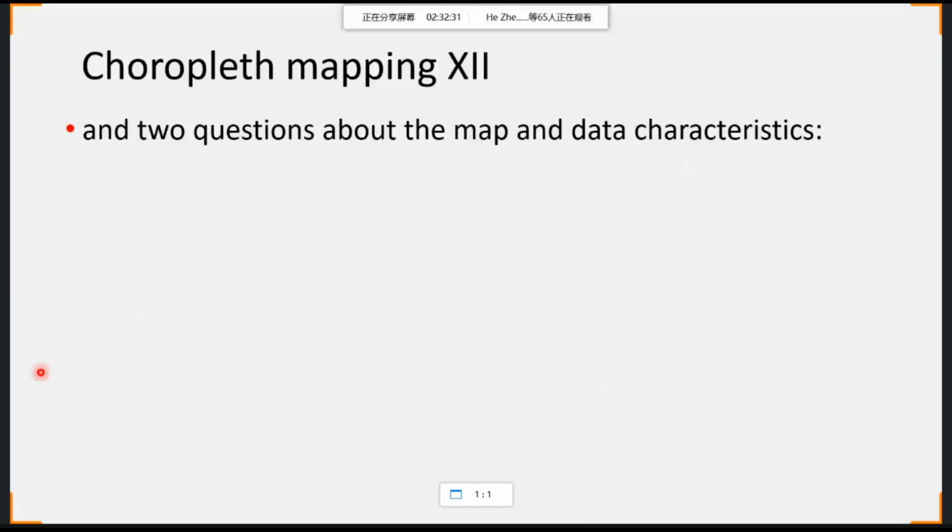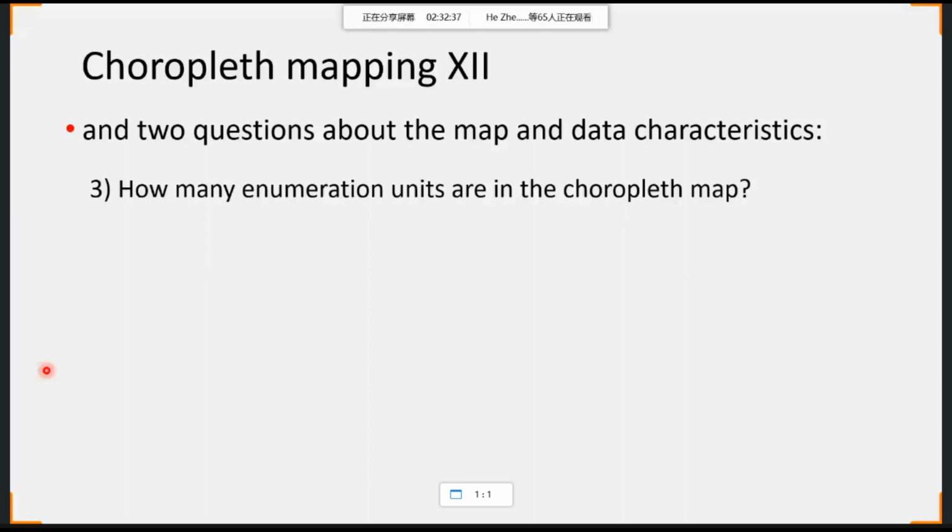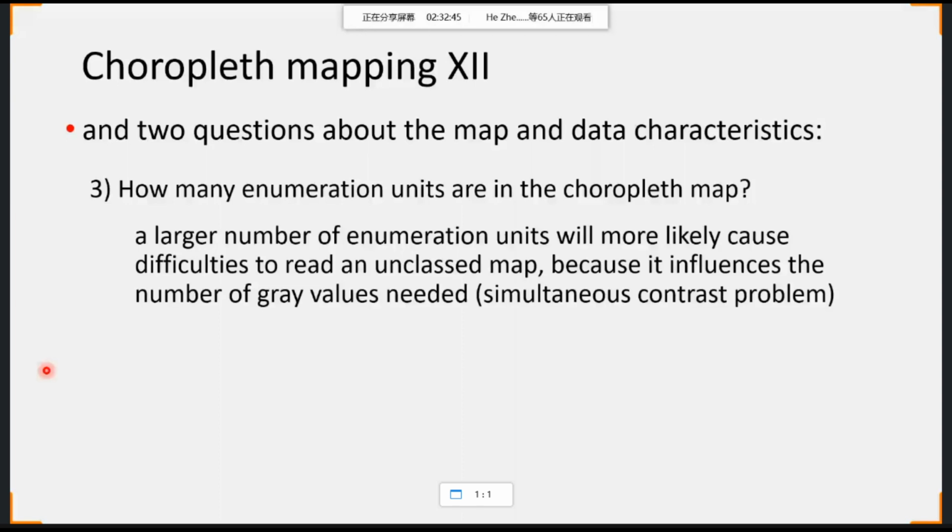And two questions about the map and data characteristics. How many enumeration units are in the choropleth map? A large number of enumeration units will more likely cause difficulties to read an unclassed map because it influences the number of gray values needed. Simultaneous contrast problem.